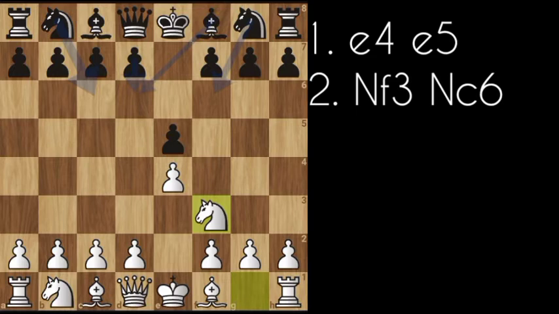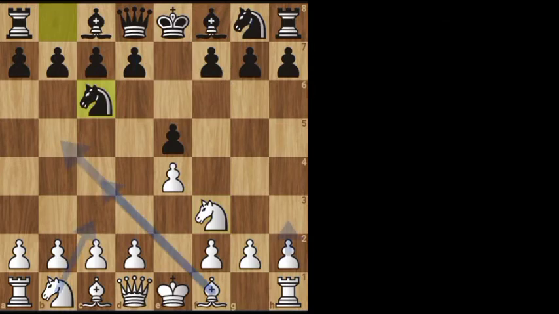So this is e4, e5, and Nf3 as it's annotated. Okay, let's make some other move. This is knight to c6, or Nc6.